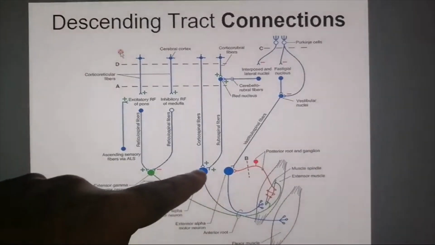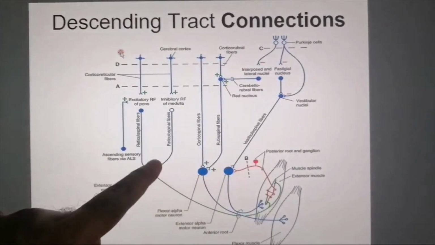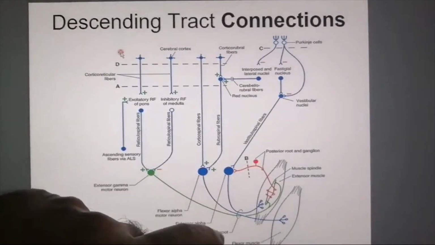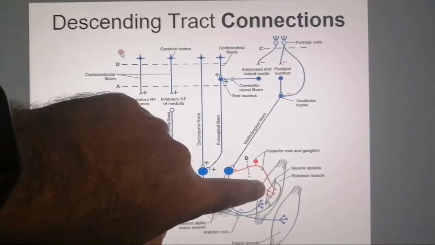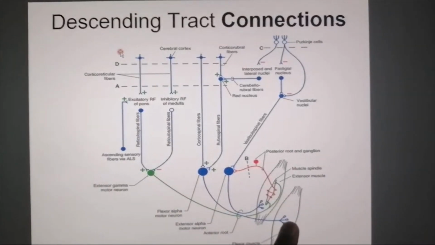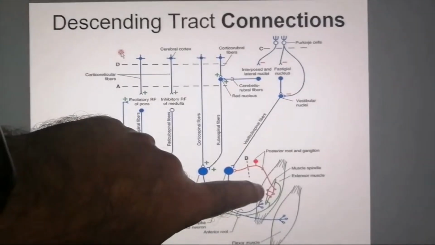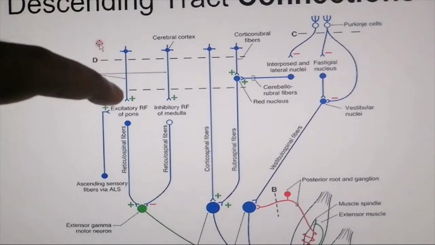Okay, I'll go into detail, but these are the different types of motor neurons. They reside in the spinal cord, and if you look closer, he has shown one type of extensor muscle and one type of flexor muscle. Okay, this is a flexor muscle, extensor muscle. Look at the way the fibers have been made.